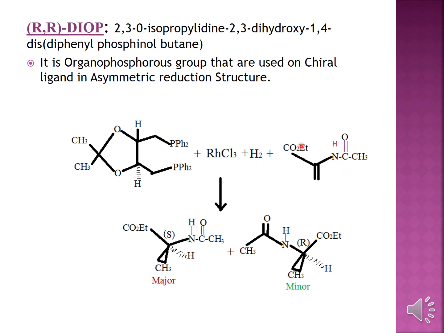Again, the same reagent you are treating, CO2Me C double bond CH2 NHCOCH3. Just put a bond over here, I had forgotten. After that, during this reaction, again you will get two products, one major and one minor. Here the S configuration is your major product and R is your minor product.